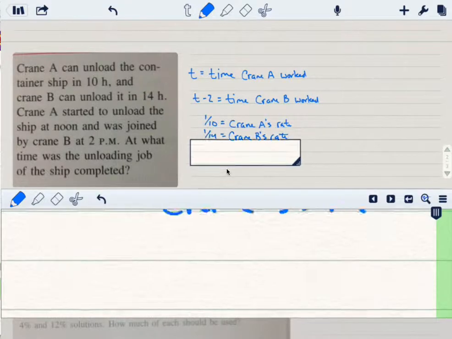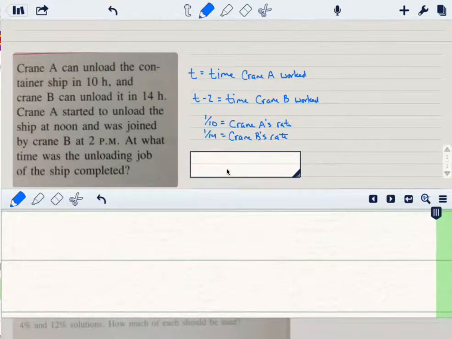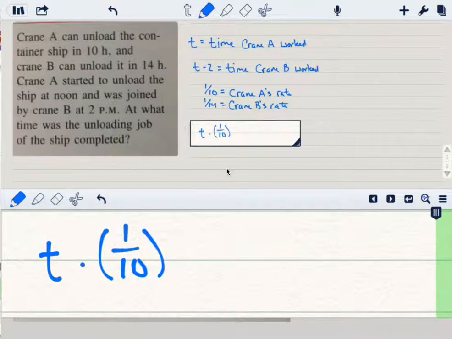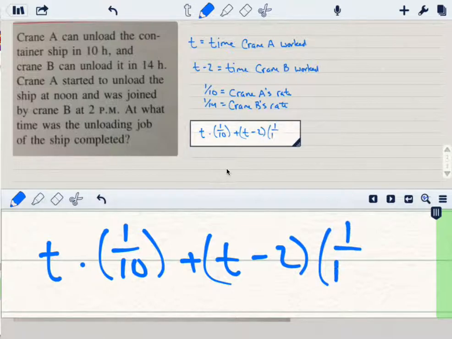Okay, so we've got that, and so we get a couple of things. We get t times 1/10 plus t minus 2 times 1/14 should be equal to 1.